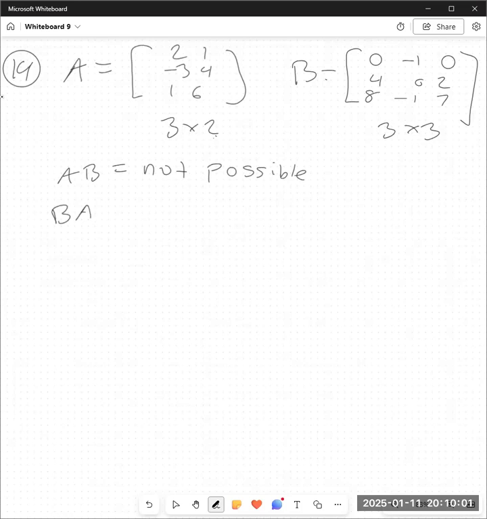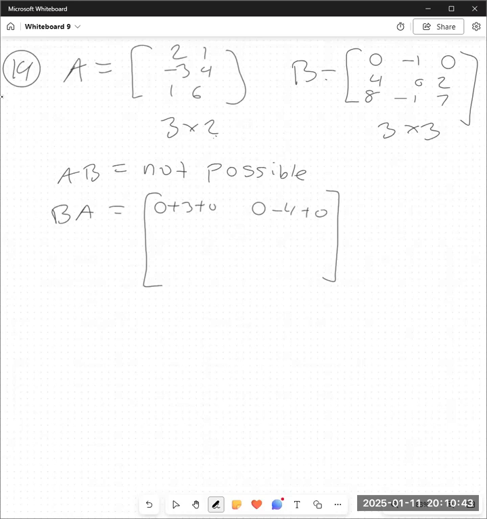However, when I do B times A, that's going to be a 3 by 3 times a 3 by 2, and these match, so I'll end up with a 3 by 2. So that's fine. Just need to give myself enough room for that. So I have 0 plus 3 plus 0. Then I have 0 minus 4 plus 0.